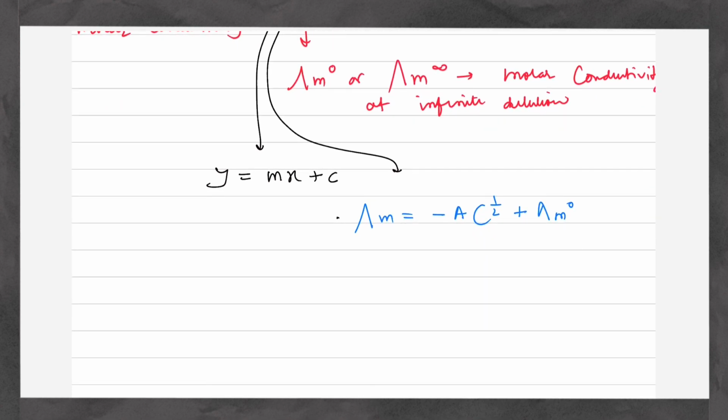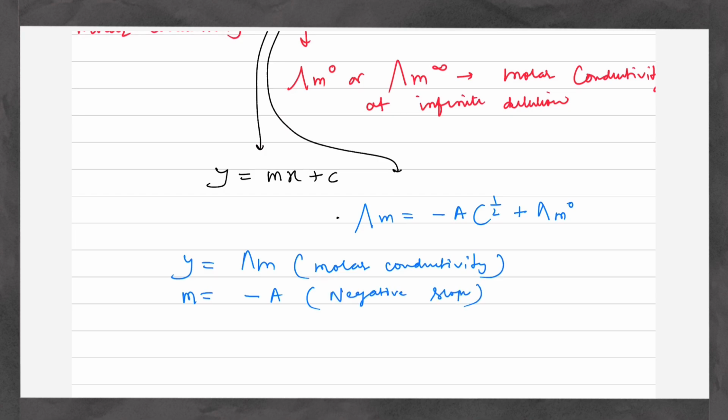By comparing with y equal to mx plus c, I can say that I have del m, that is molar conductivity, on the y-axis. We have slope as minus a, meaning negative slope, and we are putting concentration on the x-axis, and the intercept is del m naught.